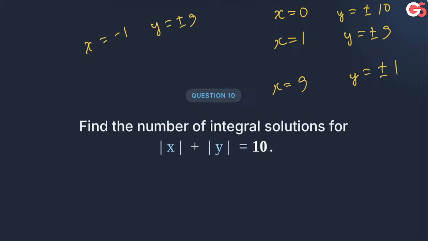Is that right? Is that clear? So when x is 0, we got two solutions.